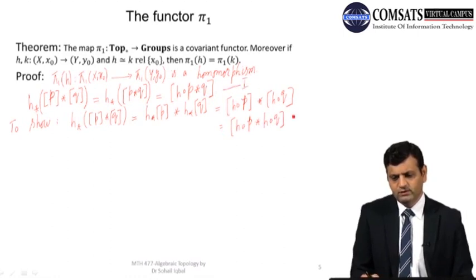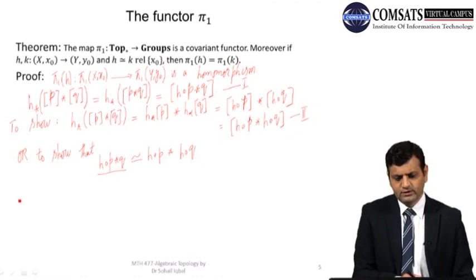So we have to show that these two are equal, side 1 is equal to side 2. In other words, we have to show that h composition P star Q is homotopic to h composition P star h composition Q. Now let's see what this function is.